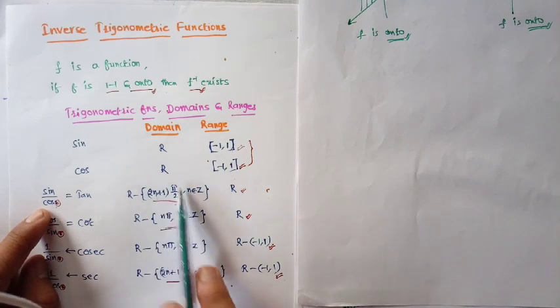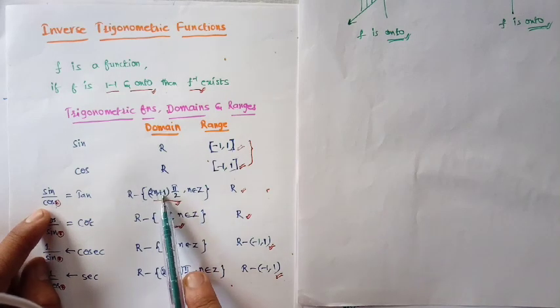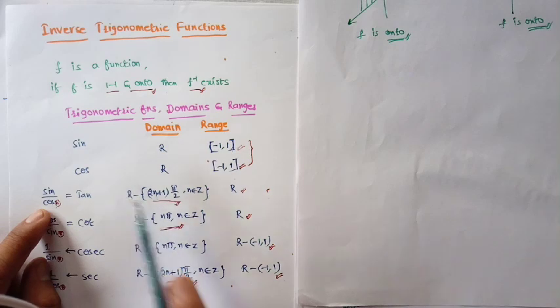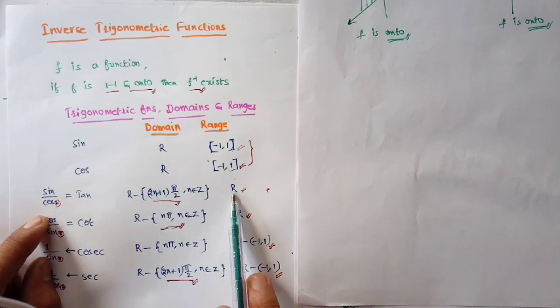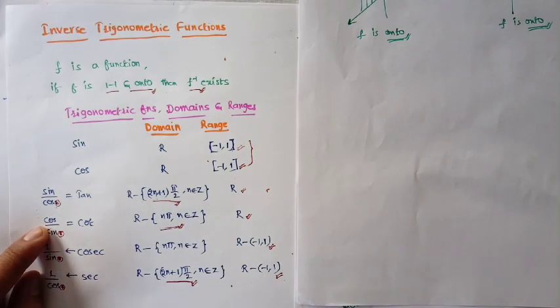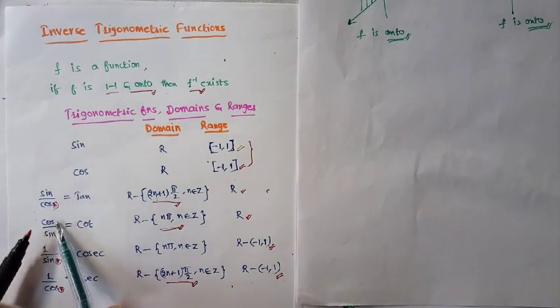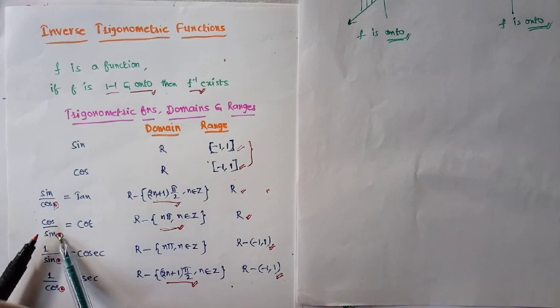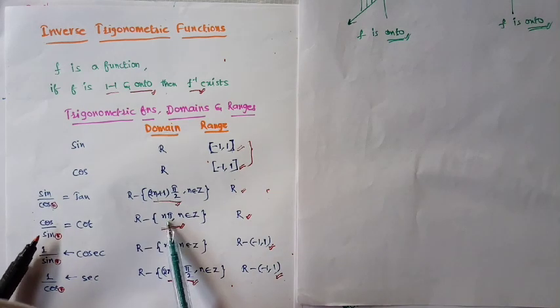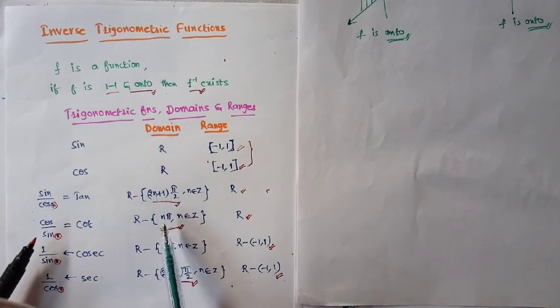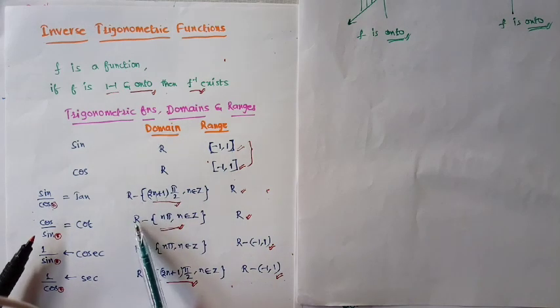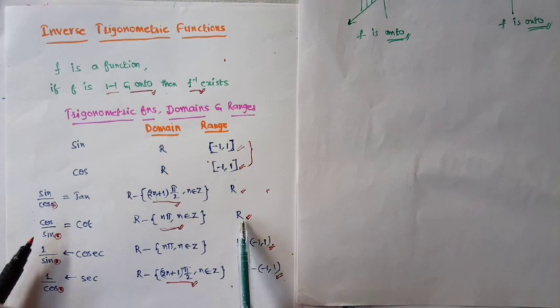So that's why we are subtracting these odd multiples of 90 from the real number system to get the domain. Coming to the next, cot is cos by sine. Sine becomes 0 at nπ: 0, π, -π, 2π, -2π, and so on. Subtracting nπ from the real number system, we get R as the range.